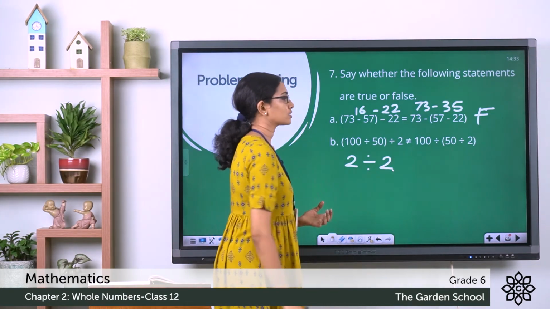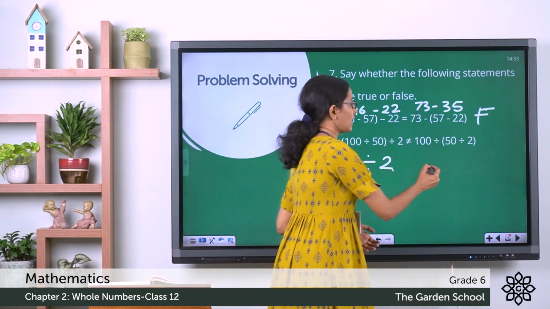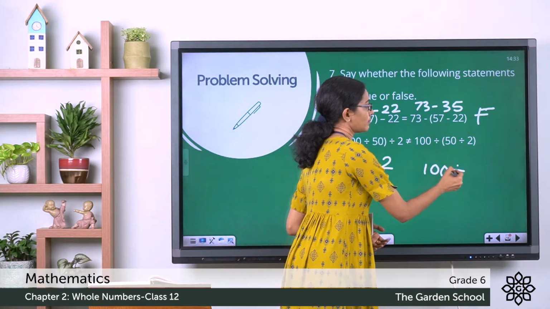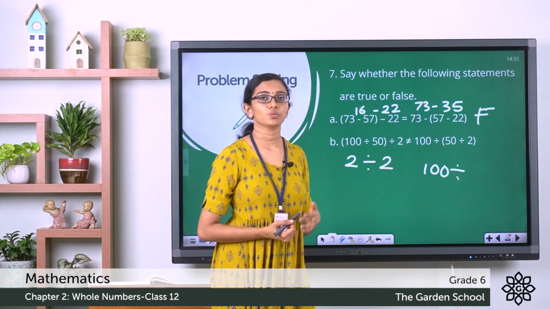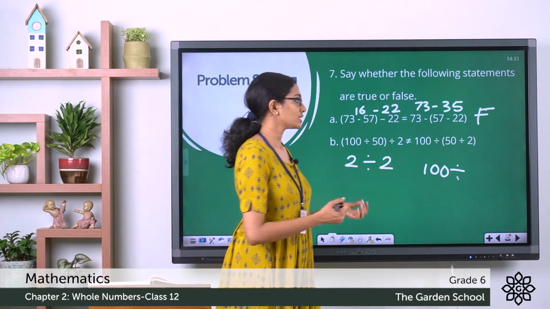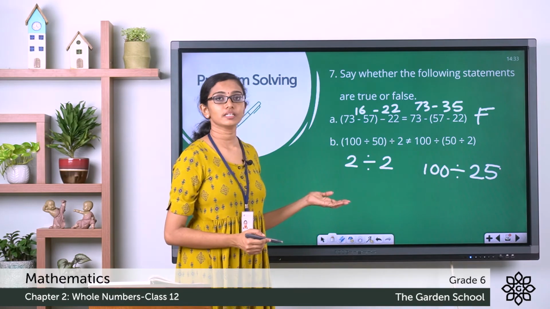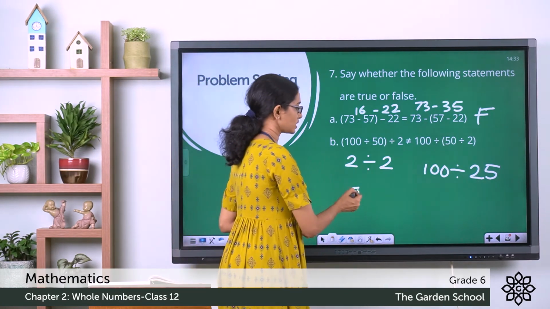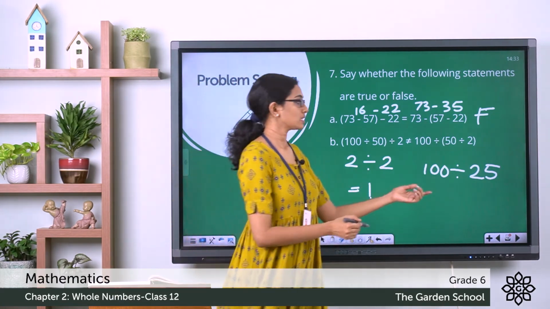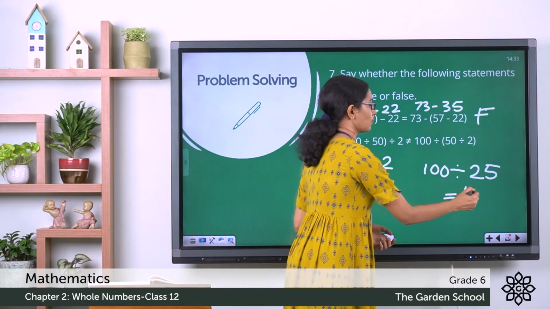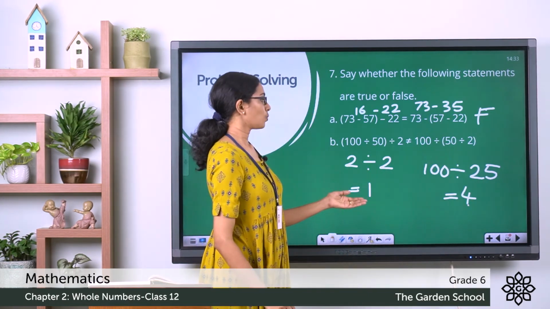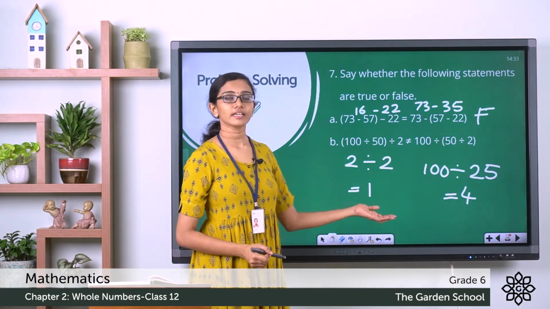Now here on the right hand side, we have got 100 divided by 50 divided by 2. What is 50 divided by 2? It is 25. So here what is the result or what is the quotient? This is equal to 1 whereas this is equal to 4. Now 1 and 4, are they equal?